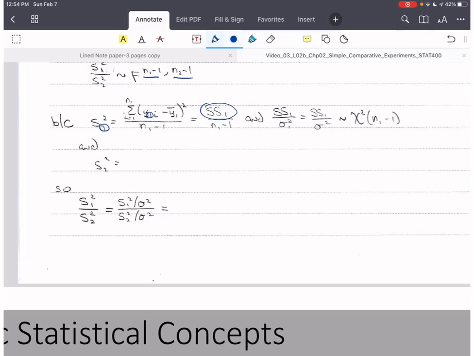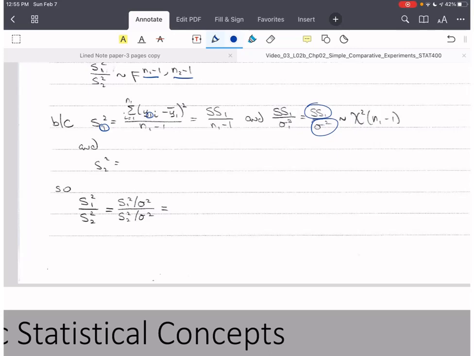And if you remember, SS1 divided by sigma squared, because this stays the same and this can be rewritten as just sigma squared, the common variance, will have a chi-squared distribution with n1 minus 1 degrees of freedom.